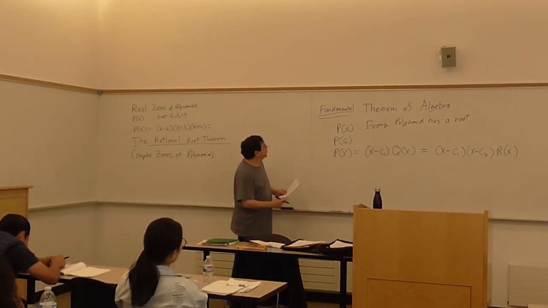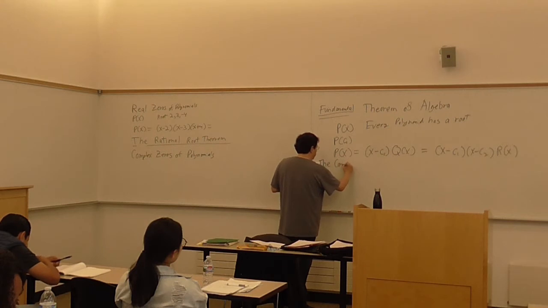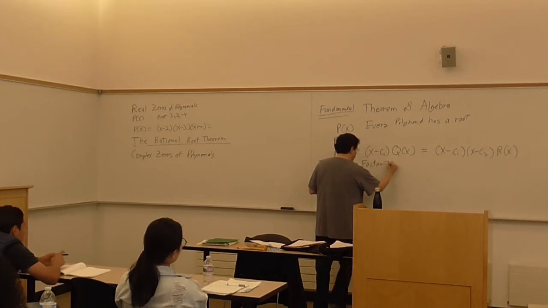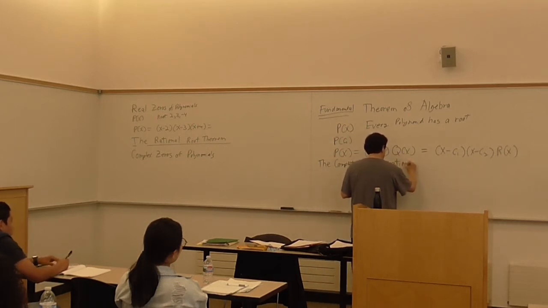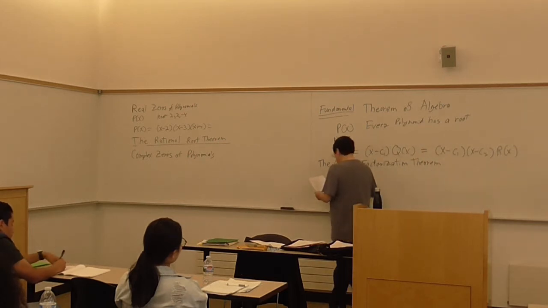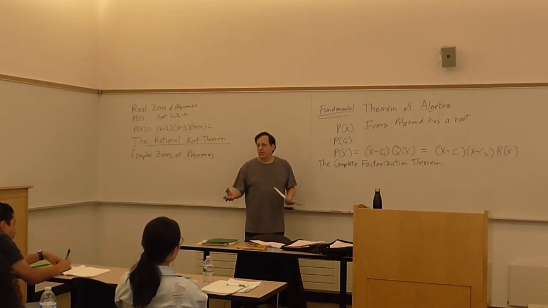So the corollary, called the complete factorization theorem, that's what the book calls it, I've heard it called other things, just says a polynomial of degree n has n roots.